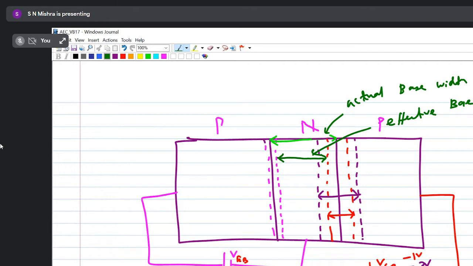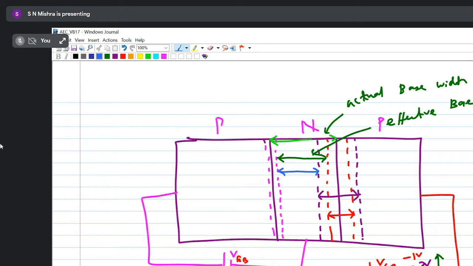Now due to the increase in VCB, what happened to the effective base width? Earlier it was this one, now my base width is from here to here. See the green line and green arrow and the blue one. Is the effective base width increasing or decreasing? Decreases. The effective base width decreases.